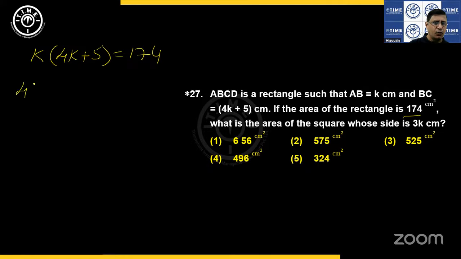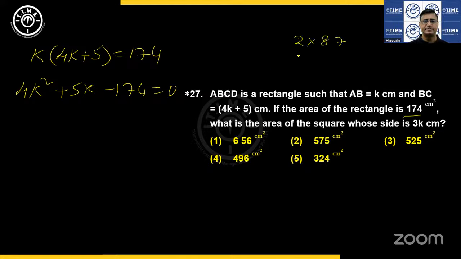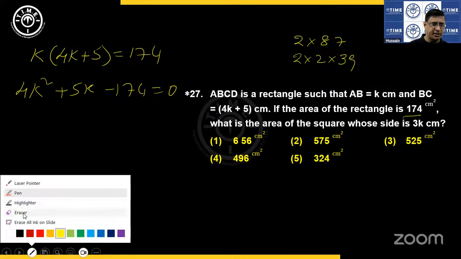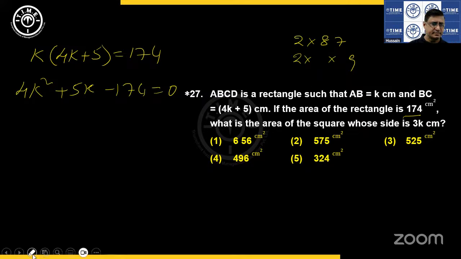Now, look at this one. 4k square plus 5k minus 174 is equal to 0. 174 means 2 into 87, 2 into 3 into 29. Sorry, small correction here. Three into 29.